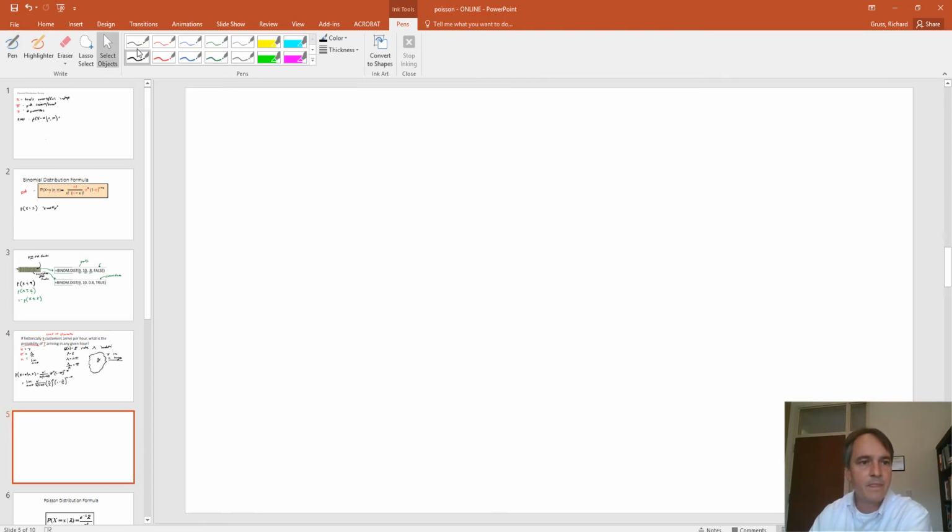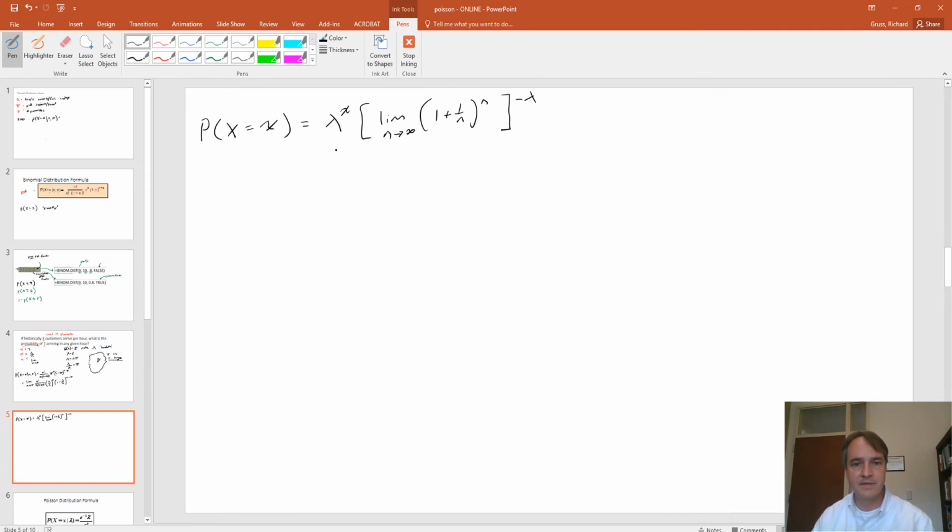So the probability that X is equal to x is going to be lambda to the x, and then, once again, we've got this limit as n goes to infinity of 1 plus 1 over n to the n, to the minus lambda, and then this is all going to be over x factorial.